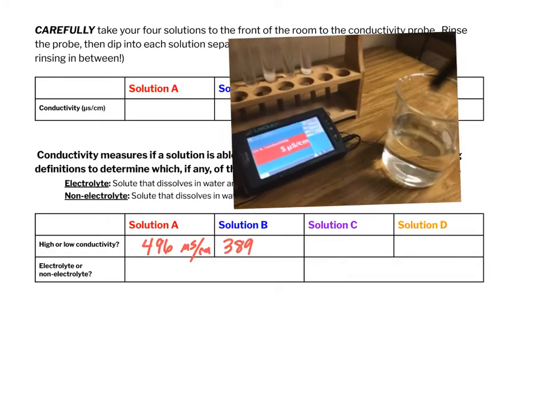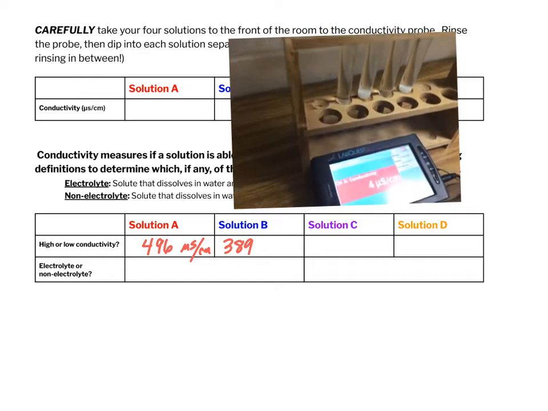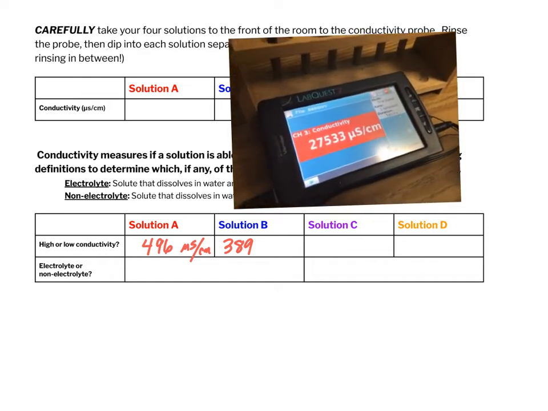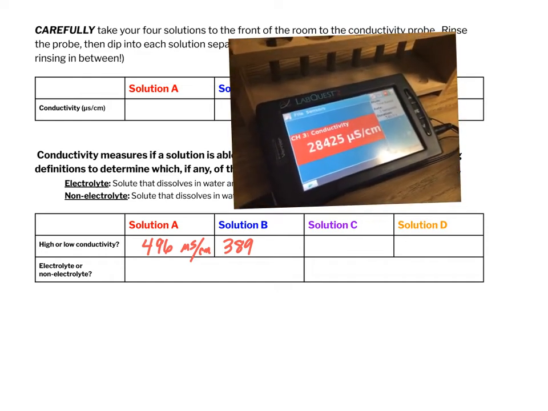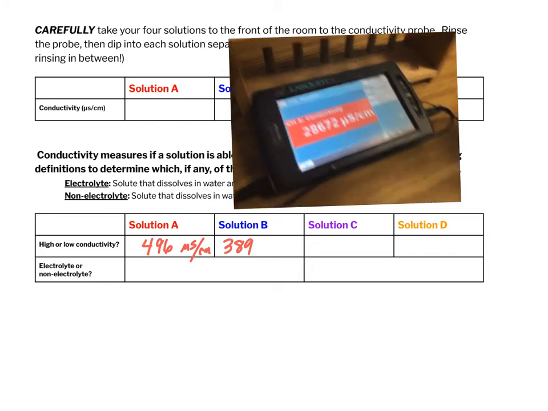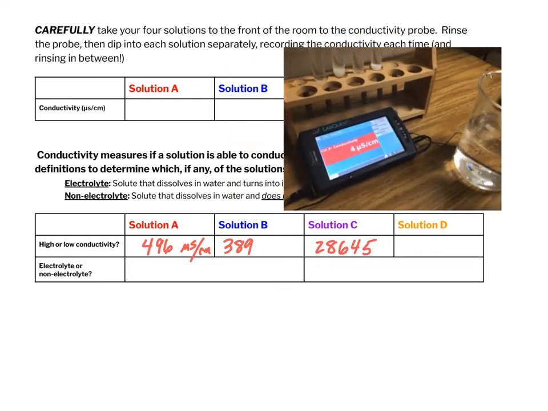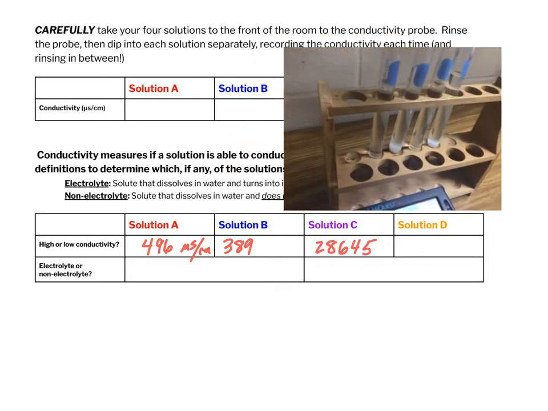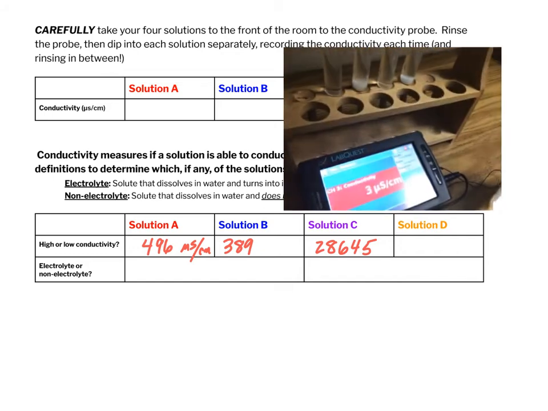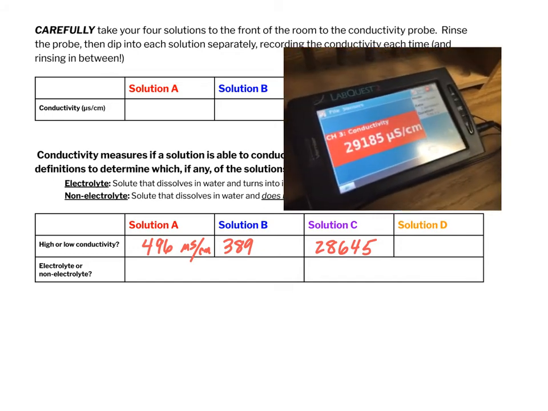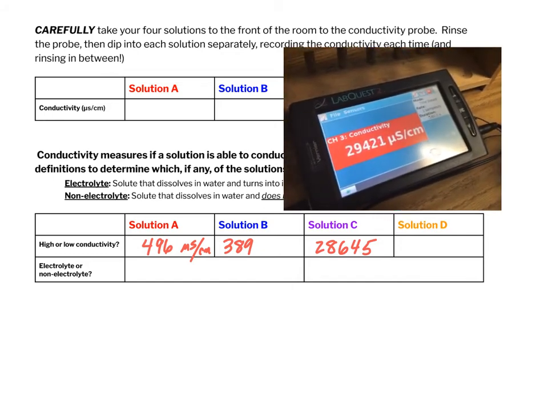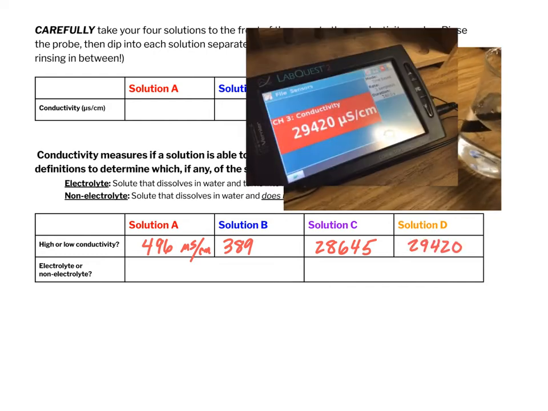Test tube C, much bigger, 28,645. Test tube D, 29,420.